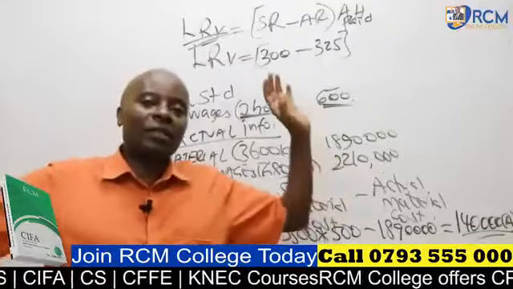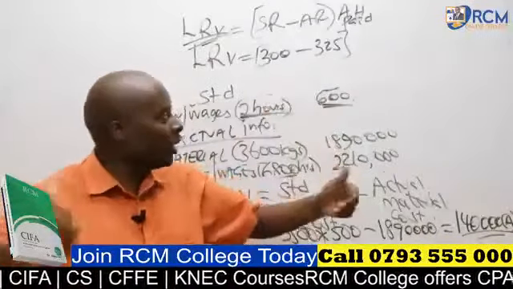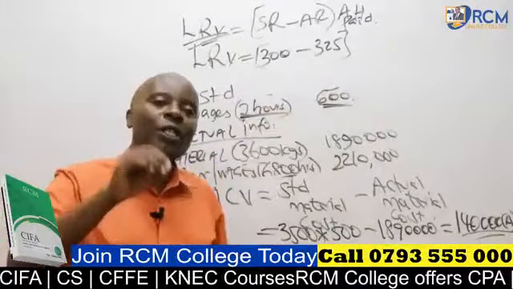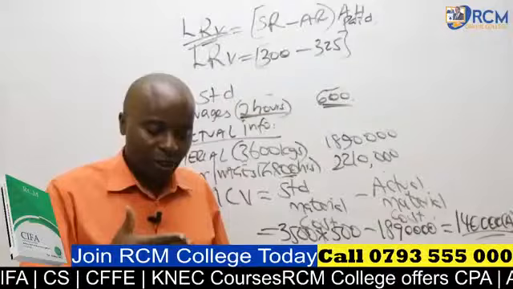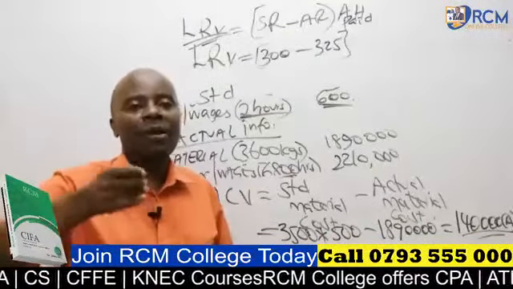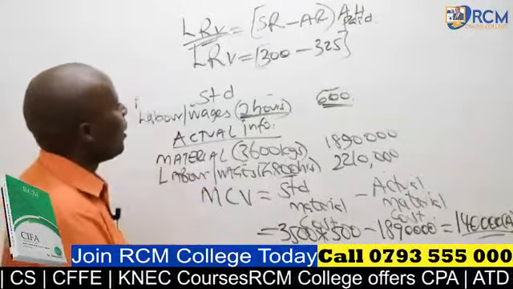Nowhere else. All the other variances which need actual hours, we normally use the actual hours worked. So in short, actual hours paid are only used when computing the labor rate variance only.